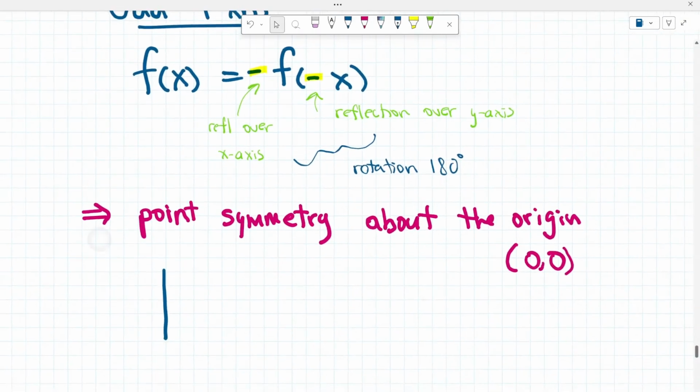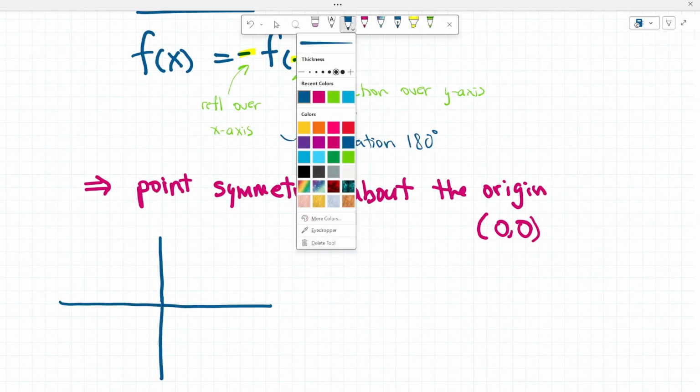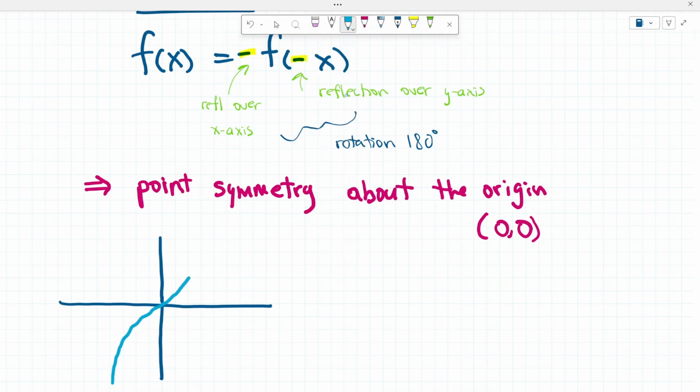So we'll start with a bit more of a basic function, and then we can try another one as well. So here, what if we have our function y equals x to the power of 3? So here we can do two things. We can do a rotation of 180 degrees, and we can also reflect it twice. So if we were to reflect this once, we'd have something that looks like this, or sorry, other way around.